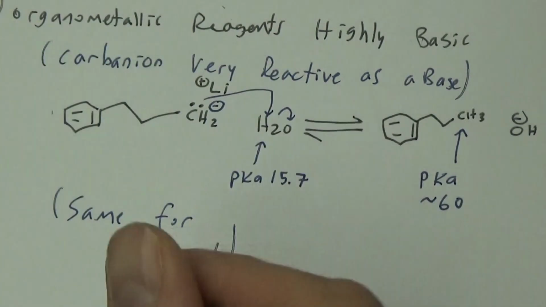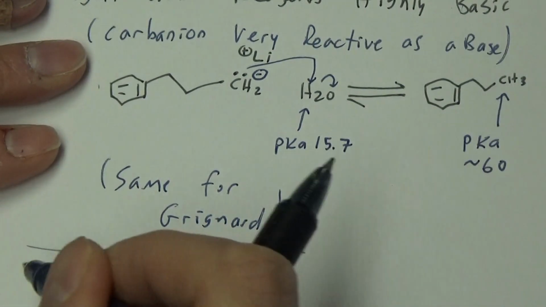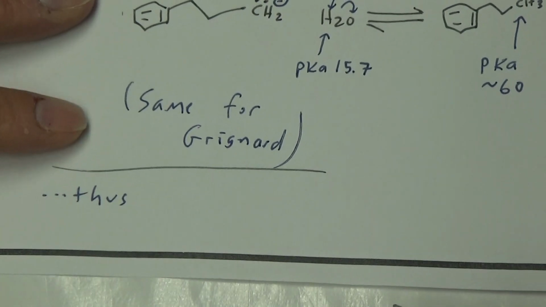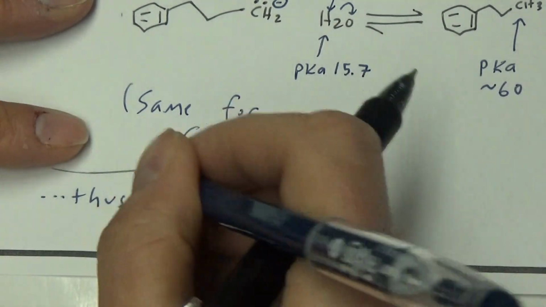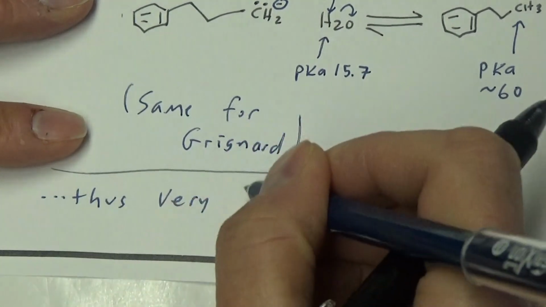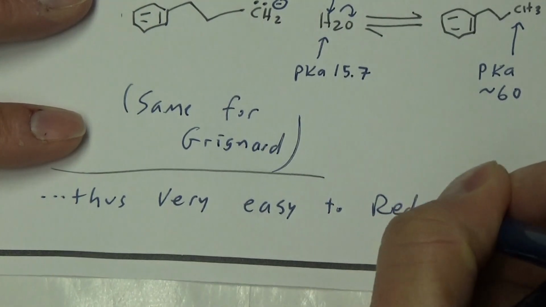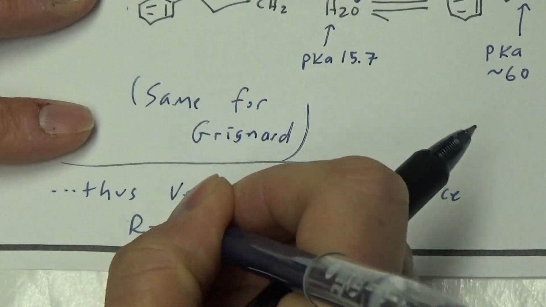So, thus, it's really easy if you want to reduce a molecule like RX, halogen.